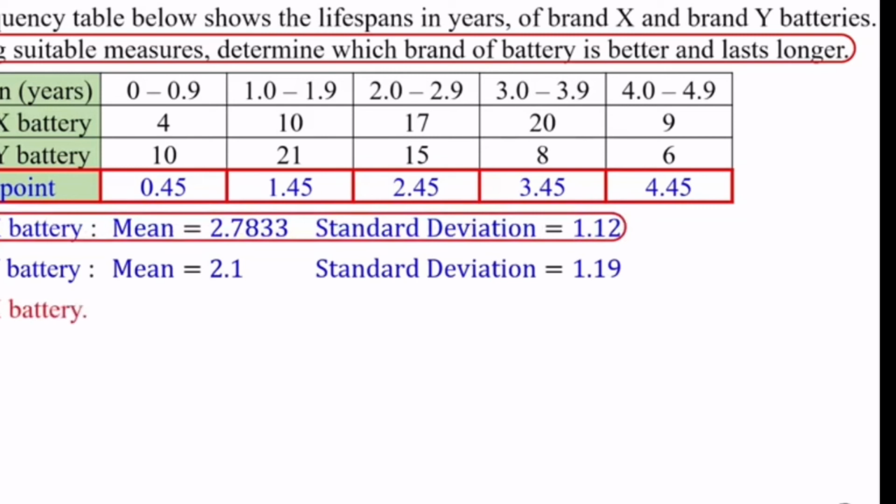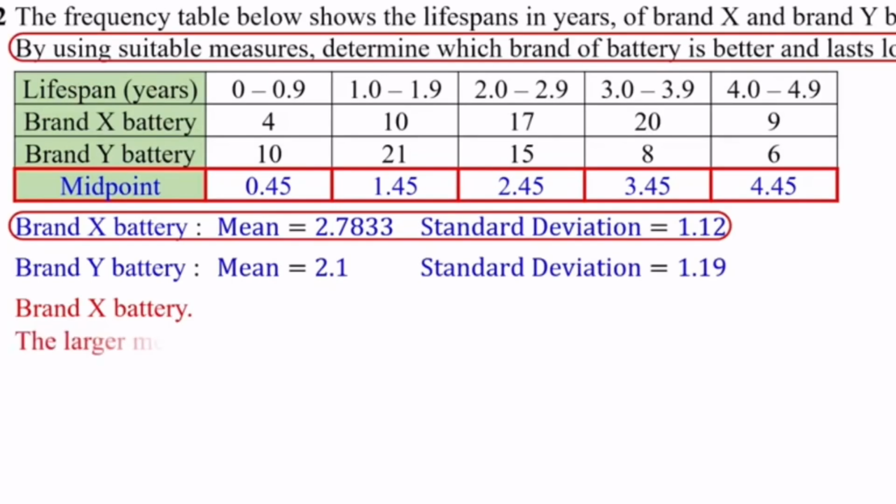So the battery that we determine is battery brand X. Right, so we will choose brand X based on the suitable measures, mean and standard deviation.